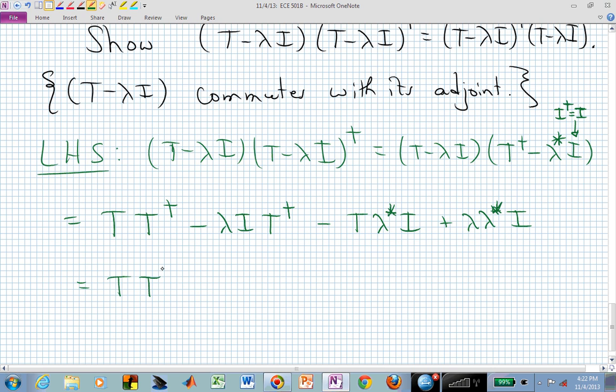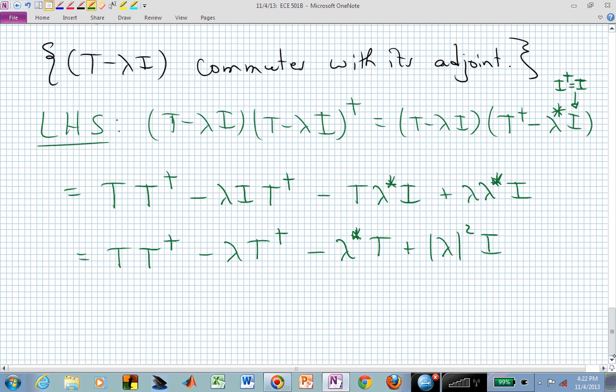I then have T dagger minus lambda, and I times T dagger is just T dagger. And if I pull that lambda star to the left and multiply T times I, I end up with T. And then lambda lambda star is just the absolute value of that eigenvalue squared.